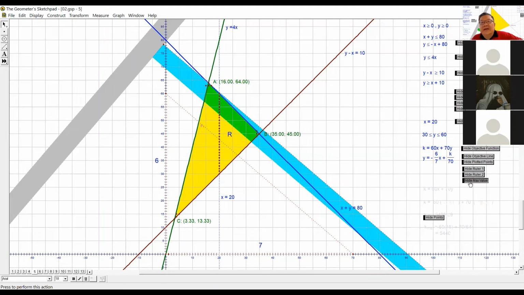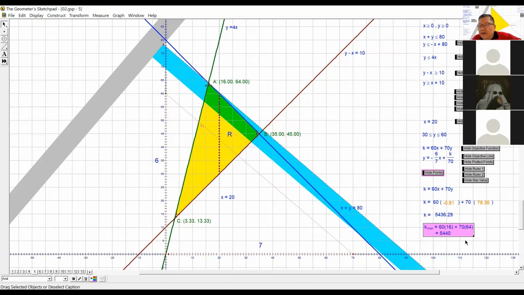Then let's see. You see that k equals 60x plus 70y, and I have found out that the maximum point is (16, 64). I use these pairs of values and substitute into the objective function k.